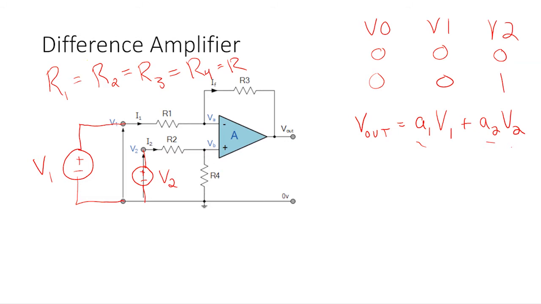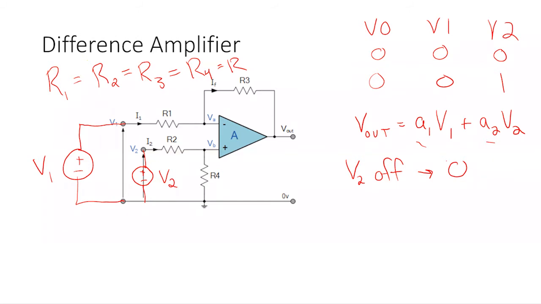So how do I approach that? How do I do the superposition here? Let's turn off V2 first. So let's say V2 is off. If it's off, it's equal to 0, so it's a short circuit.